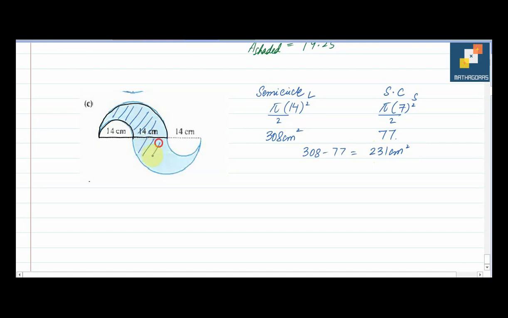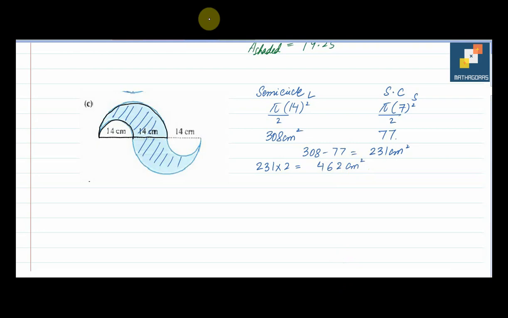Similarly, 231 will be the area of the bottom portion. So the final answer is 231 multiplied by 2, that is equal to 462 centimeter square, right? So only area was unknown in this question, no need to find the perimeter.